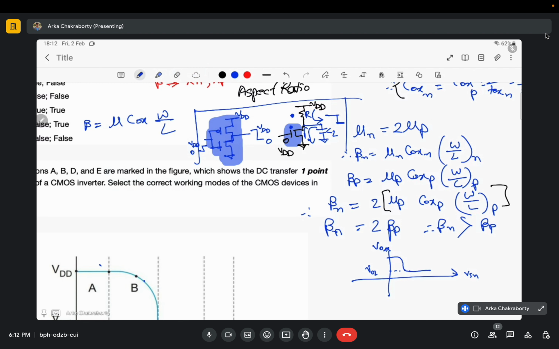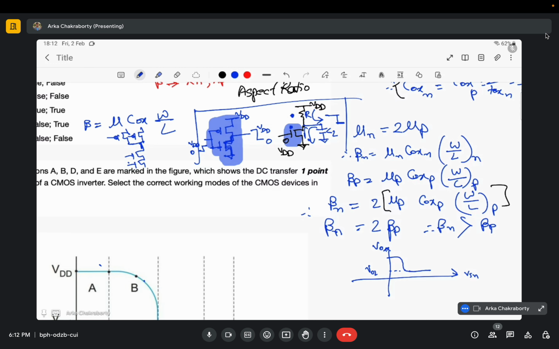Whatever is there in the pull down network, the pull up network is generally the complement of it. So if my pull down network is in the form of a NAND architecture, the pull up will be in the form of a NOR architecture. This is called a complementary circuit. But in other kinds of logic, you can also design an inverter using a single transistor.